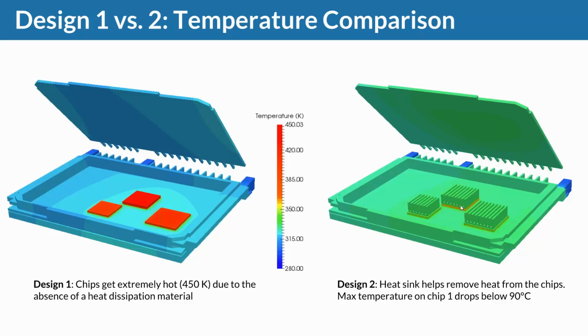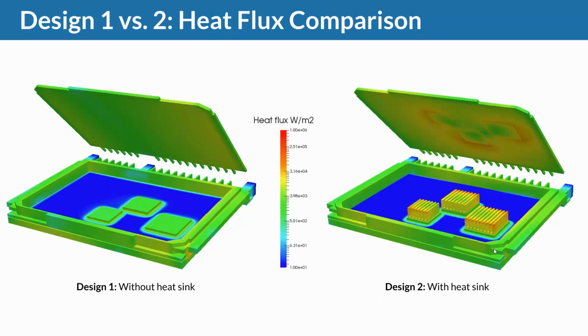On the right, we can see that the heat sinks on the one hand help us to increase convective heat transfer because we're increasing the area between the solid and the air region. Plus, we're going to use them effectively as heat bridges to the top of the enclosure. And so we can see that the overall enclosure gets hotter, but also the chips cool down. And already here, we reached the limit of 90 degrees Celsius.